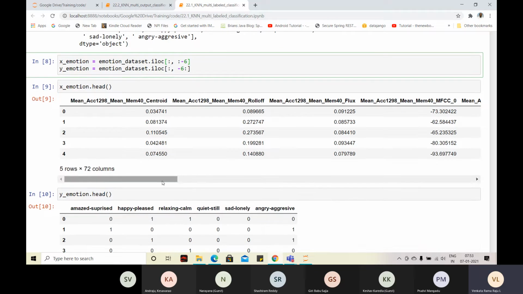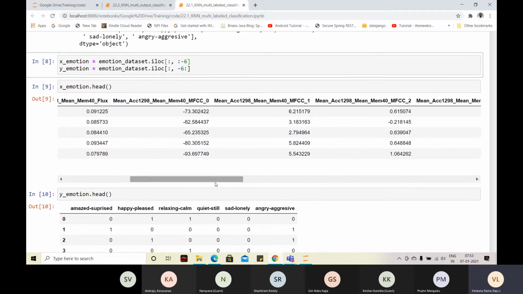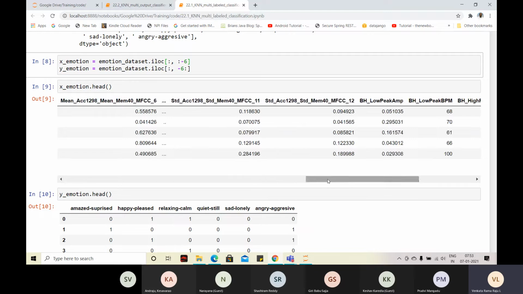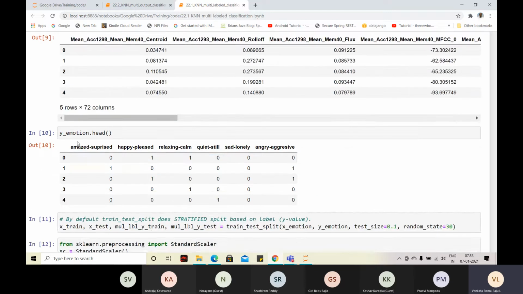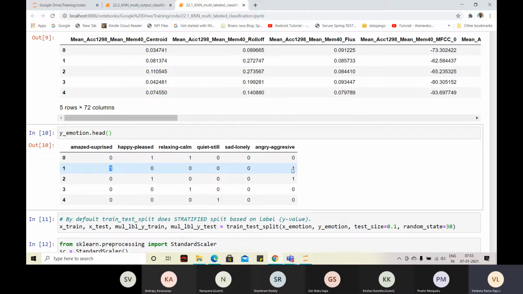So this is all x, the emotions. This is all input data, digitized music data. And then I have taken y and am trying to look at it. See this? The first record is actually happy, pleasant, and relaxing, calm. The second record, the music, is about surprised and aggressive.